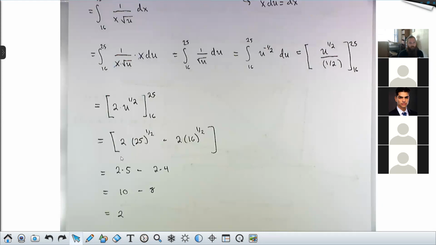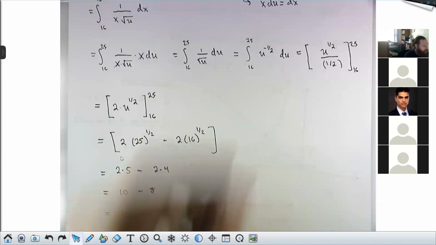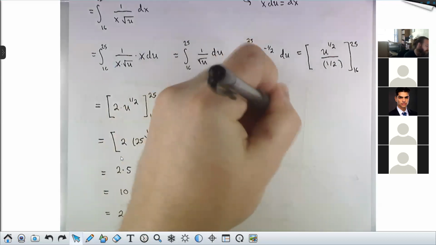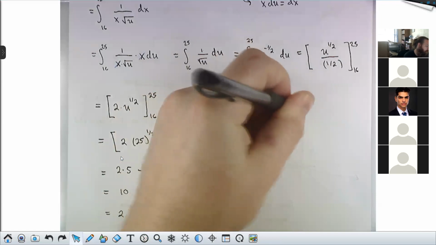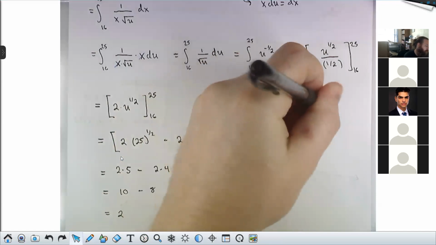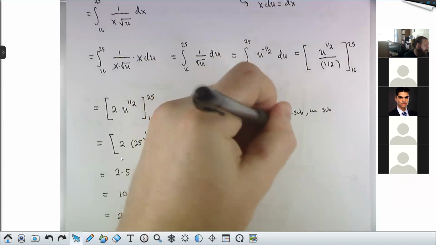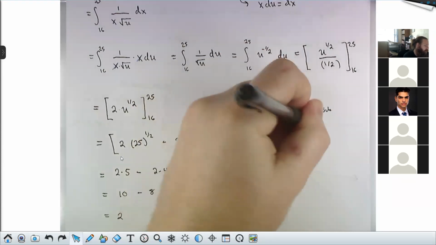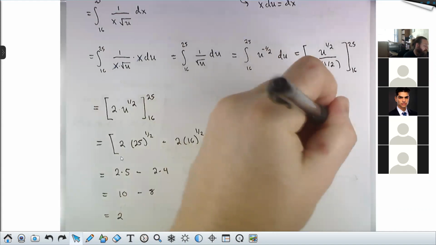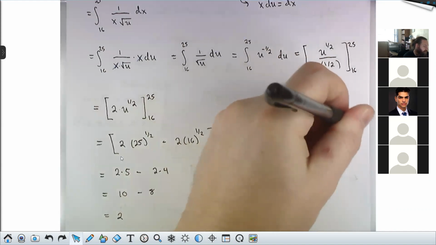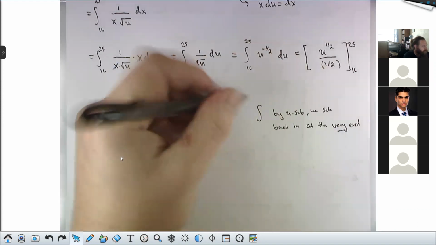You don't ever substitute the original function back in for u? Correct. The only time you substitute the original function back in is for an indefinite integral. For indefinite integrals by u-sub, we sub back in at the end, after the antiderivative.